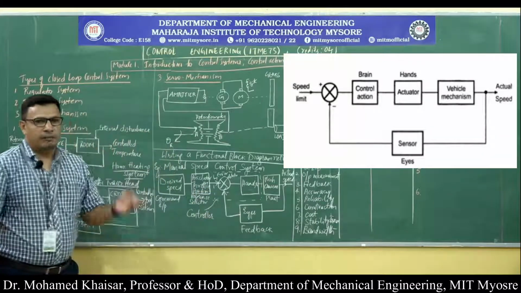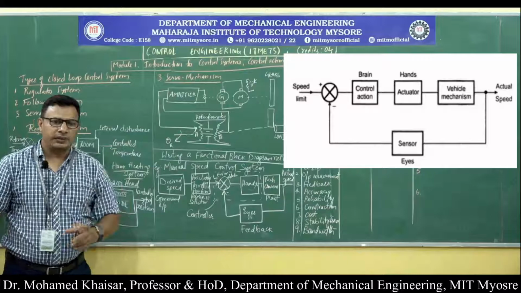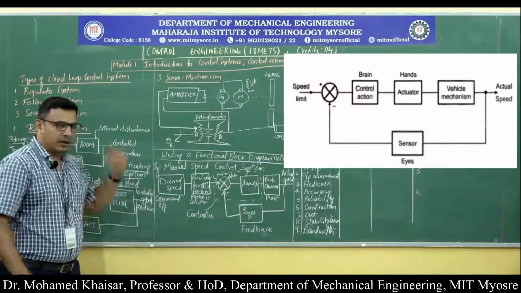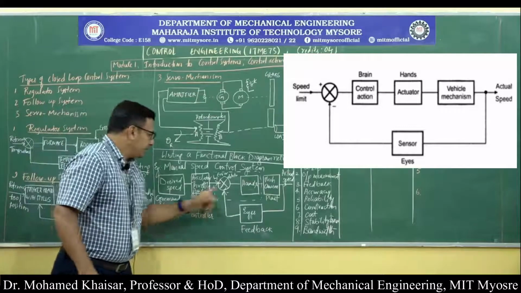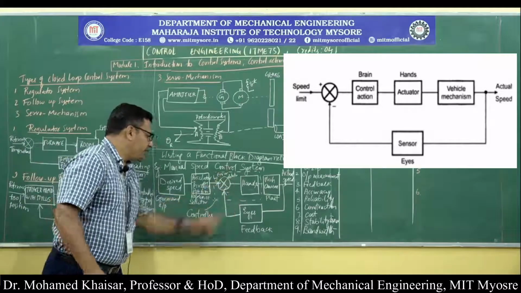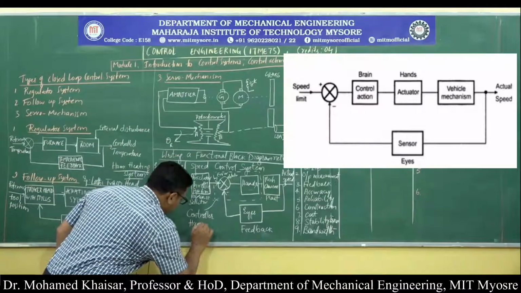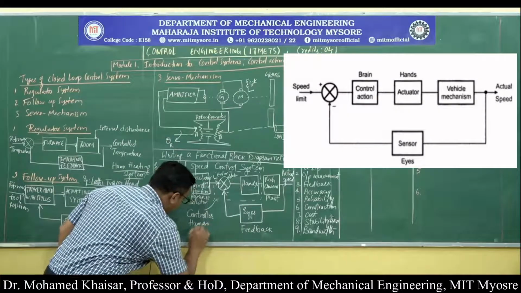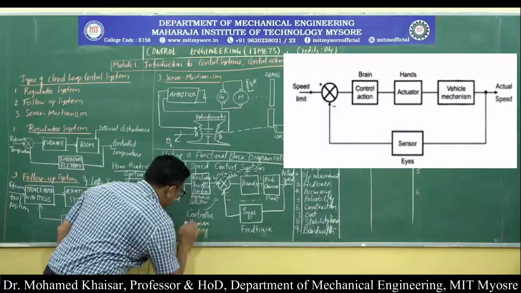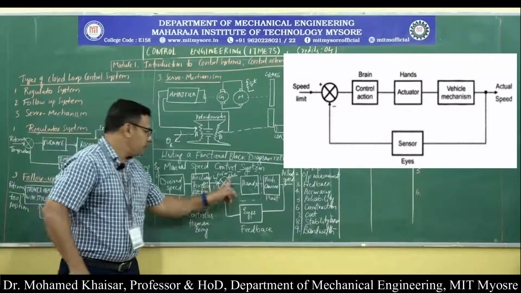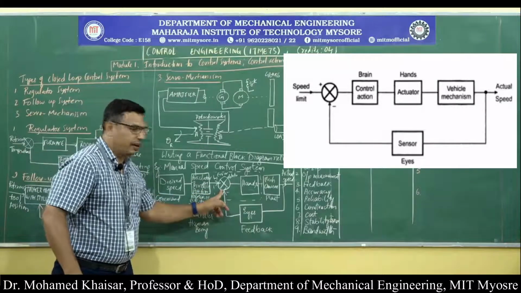So you will know by what angle, if I throttle the accelerator, the vehicle is going to go up or come down in speed. And then the human being is involved over here. The controller is the human being, so the human mind, the brain, will be involved over here.